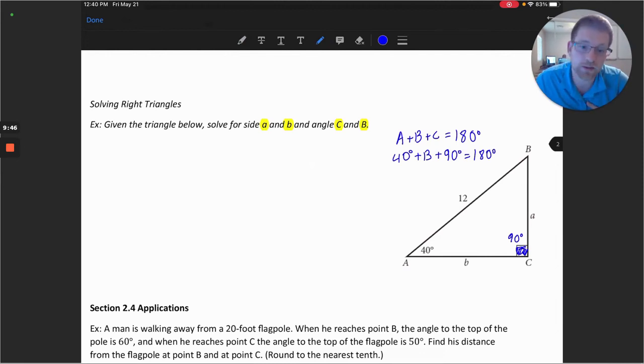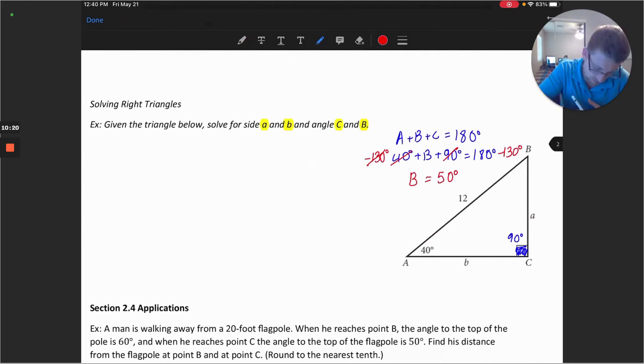90 and 40 give me 130. So if I subtract the 130 on both sides, this will give us the angle B is equal to 180 minus 130, and so we've got 50 degrees for that angle.